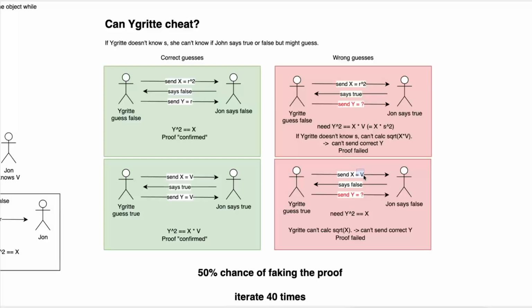But she just sent v, and she doesn't know the square root of v, because that's s, which she doesn't know. And so she doesn't know what to send to fulfill that, so she can't send that, and the proof failed again. So if she guesses, she has a 50-50 chance of guessing correctly, and therefore if she guesses correctly, it's all good, but if she guesses wrongly, she has no way of fulfilling that. So there's a 50% chance of faking the proof in one iteration.